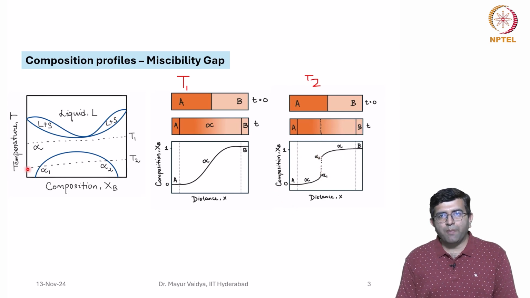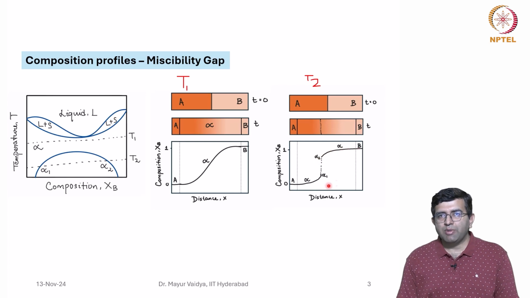Because here you will have this alpha solution which will keep on increasing composition till it reaches this point. Then onwards, no composition as a single phase is stable. So, the single phase composition only starts from here. Therefore, you start seeing the profile like this.